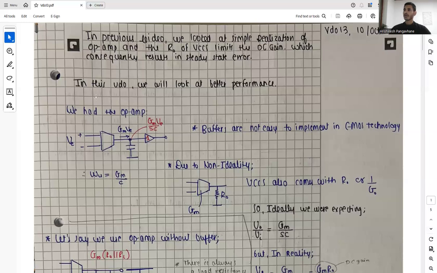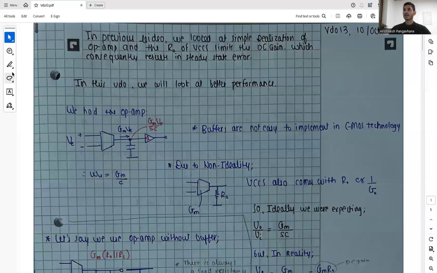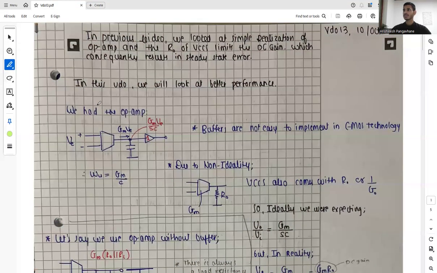So we had an op-amp, and in our op-amp we had our OTA, and ideally we only had a capacitor, and we had our current gmV which will go through the capacitor and integrate the current, and we had a buffer to isolate it from the resistive network.